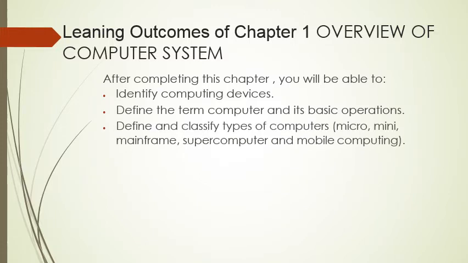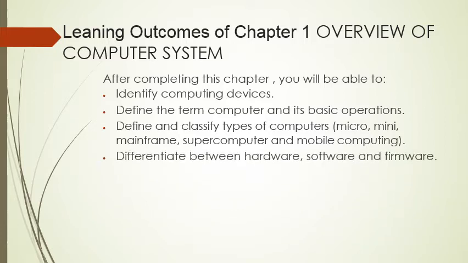We will also get to know about the classifications of a computer. You know that we just know the term computer, but computers are categorized into 5 or 6 categories. What are those? Microcomputer, minicomputer, mainframe computer, supercomputer, and mobile computing.